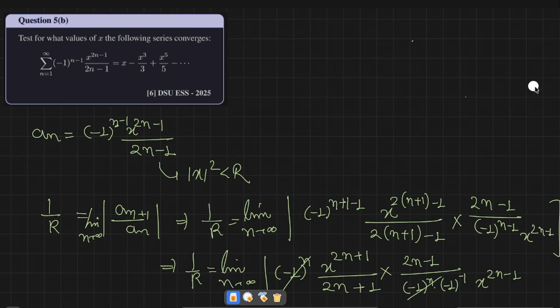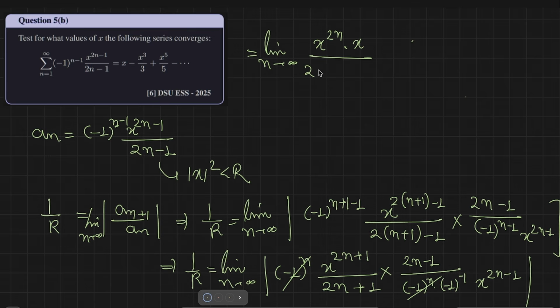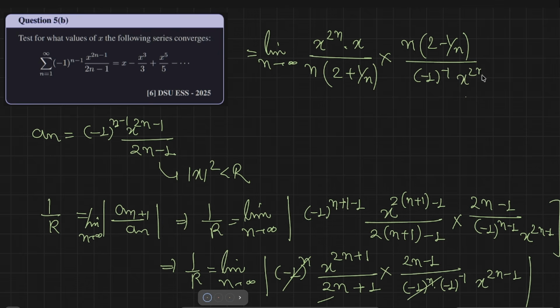What is left? I am removing this one. From here, this is basically limit n tending to infinity. I can write x^(2n) into x. Then n I can take common from here, so it is (2+1/n) into (2-1/n) divided by (-1) x^(2n) x^(-1). Both will get cancelled, n and n will get cancelled, this will be 0, this will be 0.